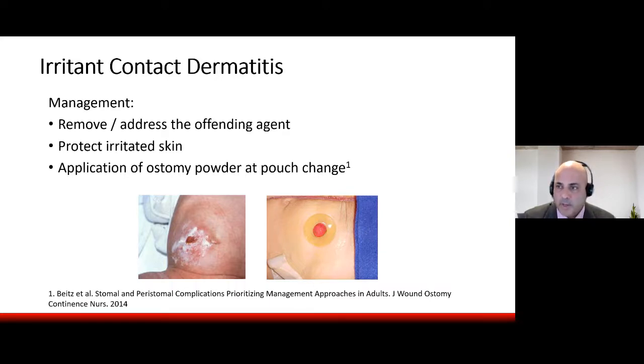Then remove the excess powder and simply reapply your barrier with any accessory products if you're using them, and hold that barrier in place for a minute or two. With the warmth of your hand and the body, that barrier will start to adhere, even if there's small amounts of powder left on that opening or that broken skin.